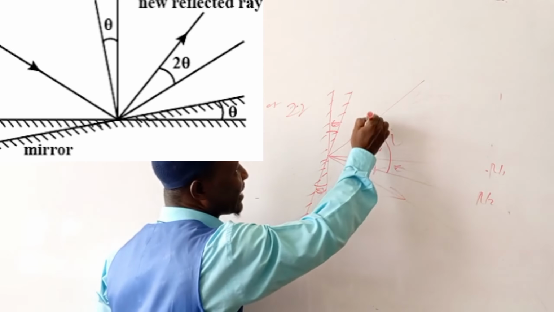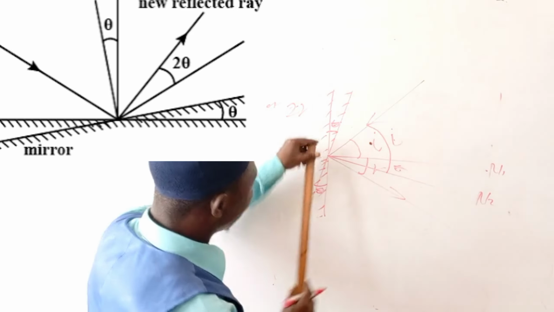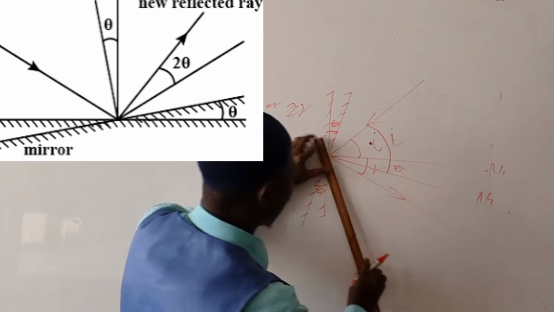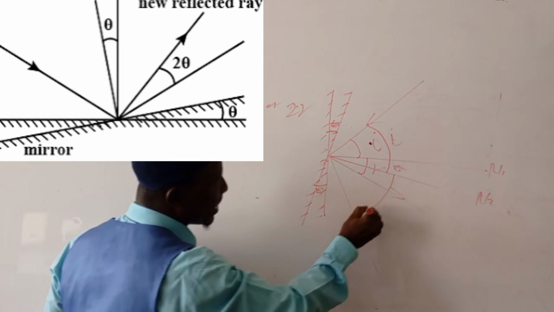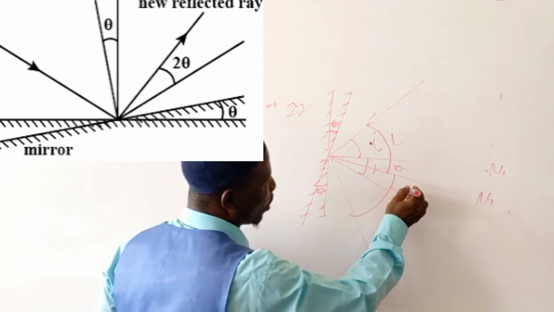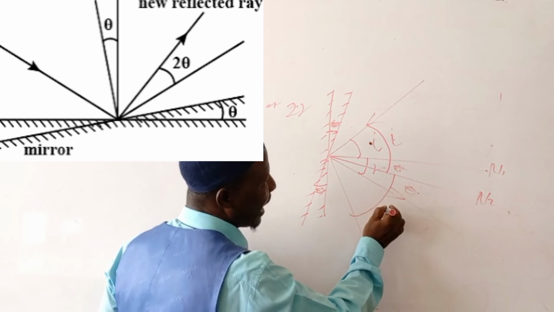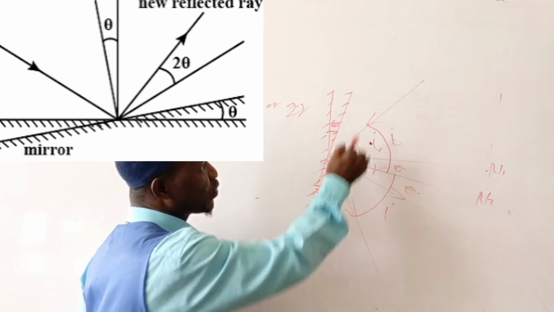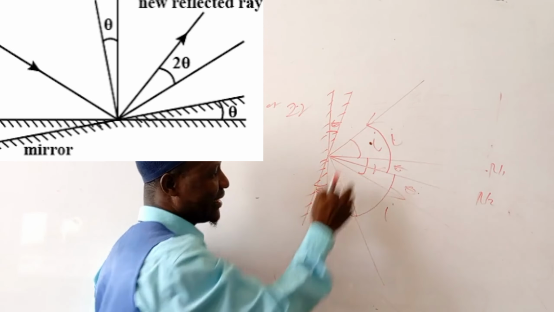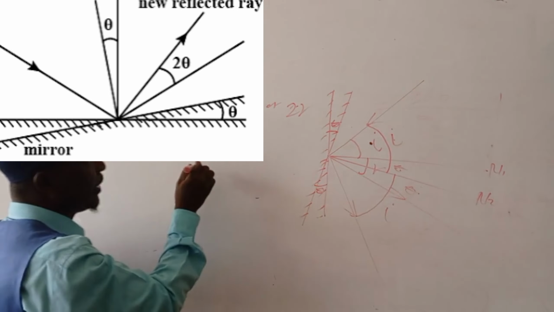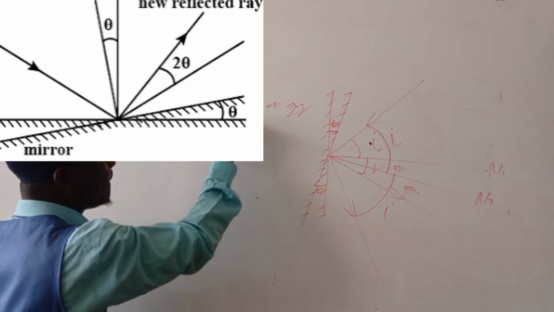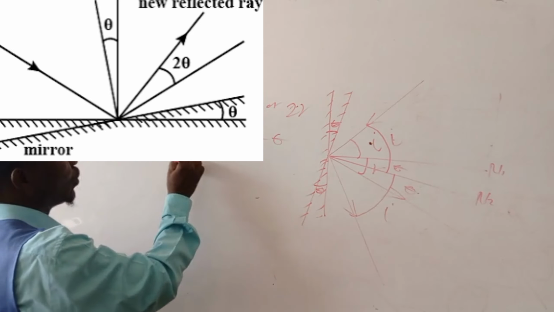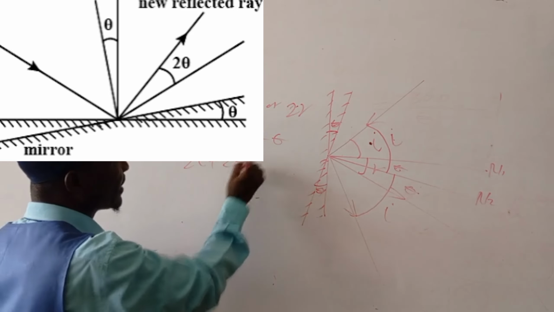So if the angle of incidence is I plus theta, the new reflected ray will be here. From here to here is our new reflected ray, which is also equal to theta plus R, and R is the same thing as I. Therefore, the total angle between the incident ray and the new reflected ray will be I plus theta plus I plus theta, which is equal to 2I plus 2 theta.